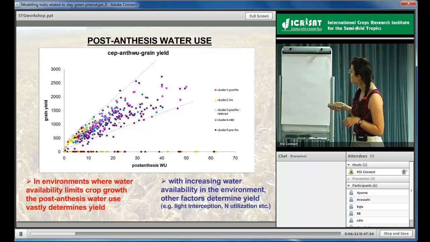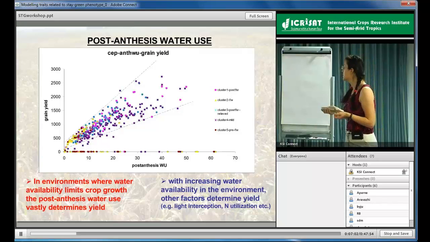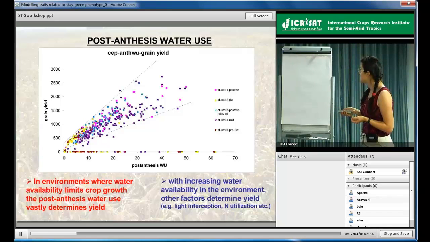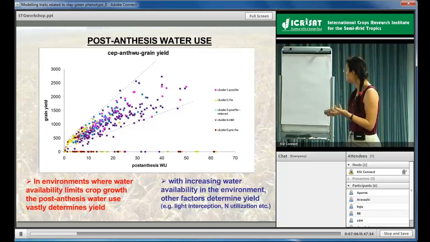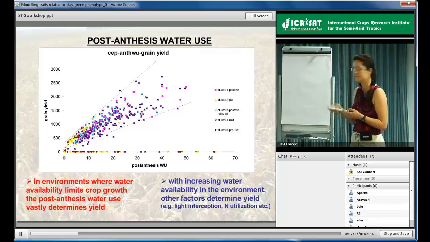However, as we go farther and as we increase the water available in our environment after flowering, you see that the correlation becomes a little loose. So there are probably other factors which determine and influence yield, and which will be more important for the crop in this situation than is water.